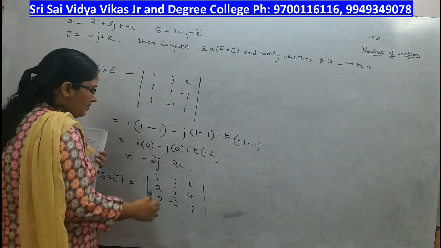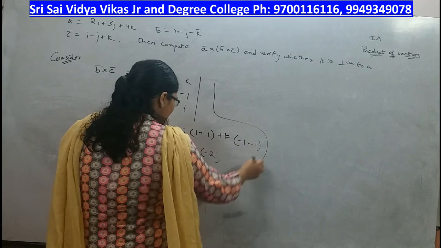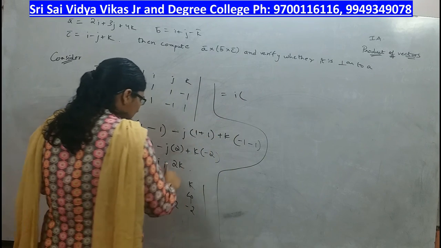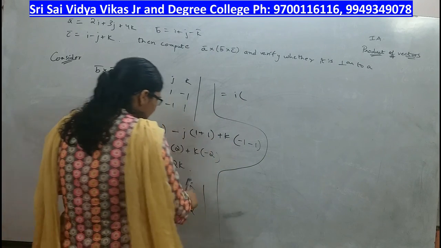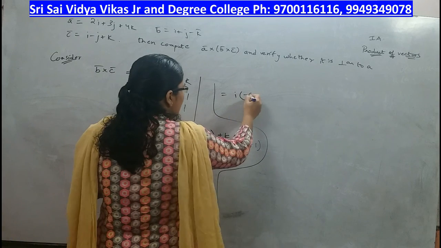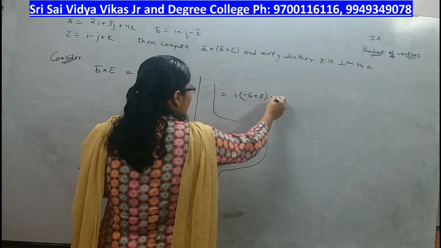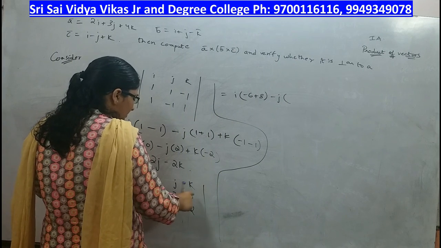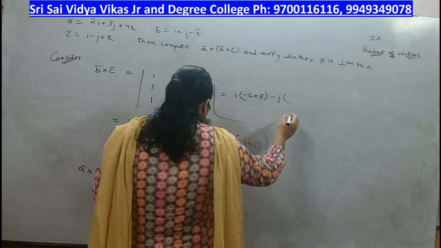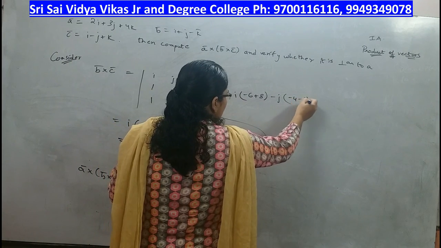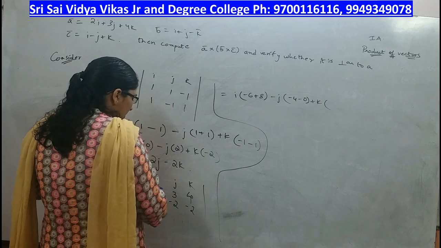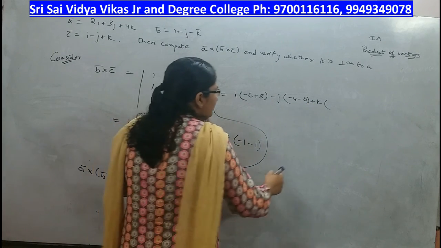So this is nothing but i into minus 6 plus 8, minus j into minus 4 minus 0, plus k into minus 4 minus 0.